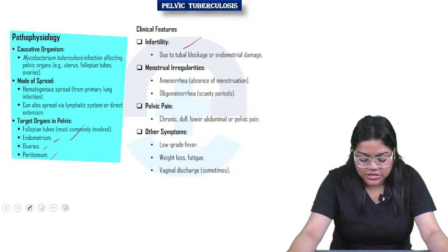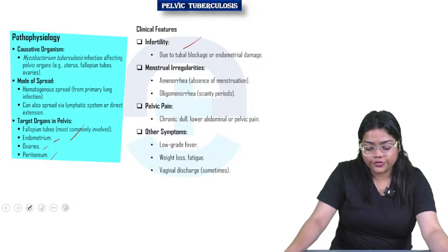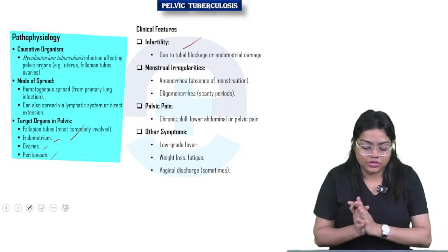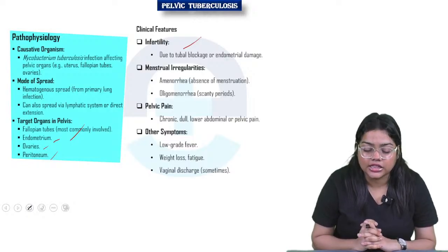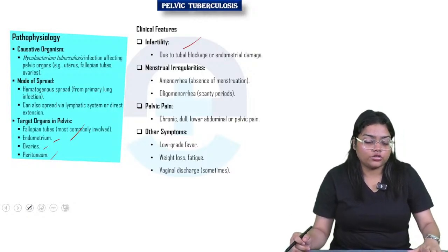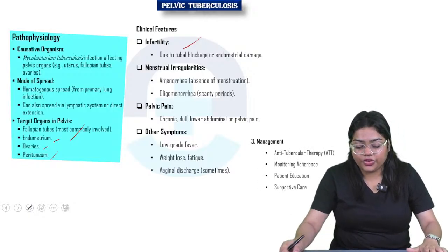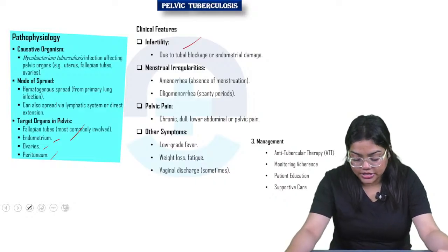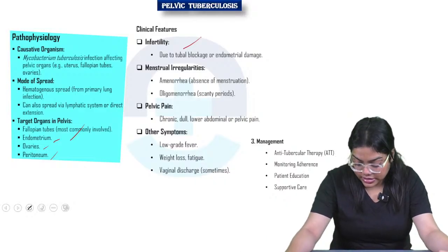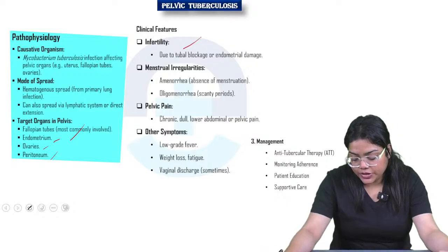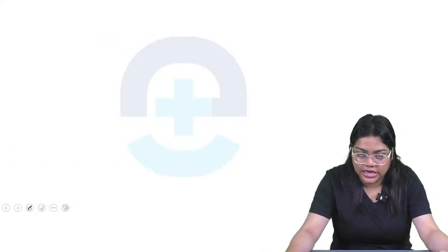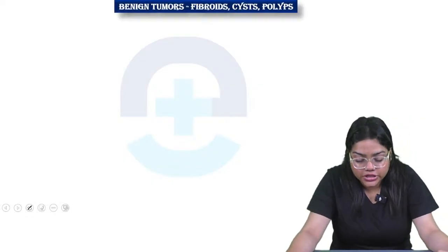Then other symptoms such as low-grade fever, weight loss, fatigue and vaginal discharge will be there in pelvic tuberculosis. So these are the clinical features. So how will we manage it? We can manage it through anti-tubercular therapy, monitoring adherence, patient education and supportive care. Okay, so this is about pelvic tuberculosis.